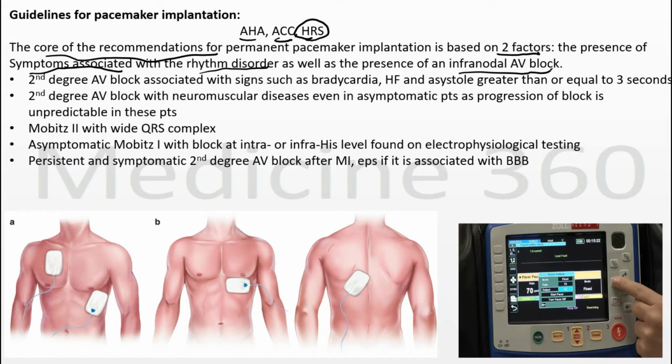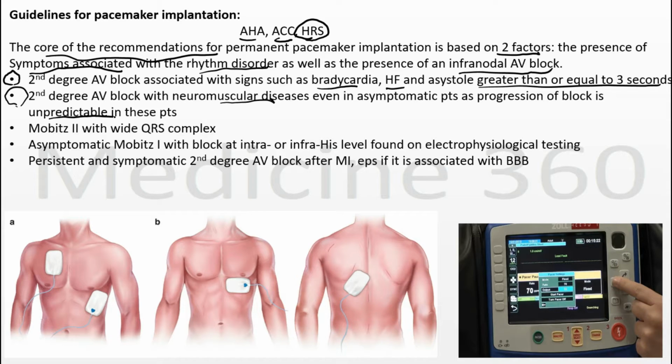Indications are second degree AV block associated with signs such as bradycardia, heart failure, or asystole greater than or equal to 3 seconds. Second degree AV block with neuromuscular disorders, for example Duchenne muscular dystrophy or myotonic muscular dystrophy, carries a risk of progression to higher blocks, and the progression is unpredictable in these patients.